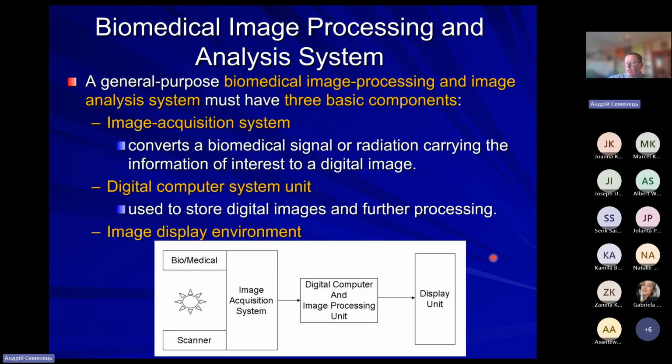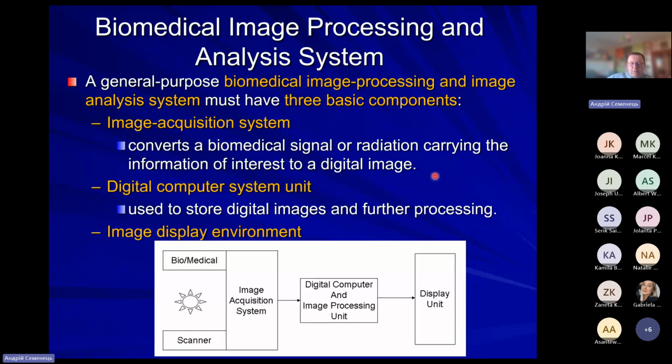So generally, when we talk about any kind of imaging device, not only medical, it has to consist of the modern computerized imaging device units. This diagram could even be applied to the camera in your smartphone. So we have, first of all, the image acquisition system.